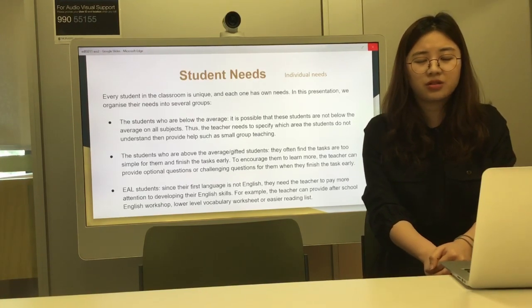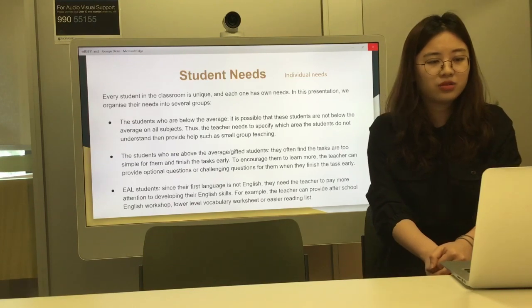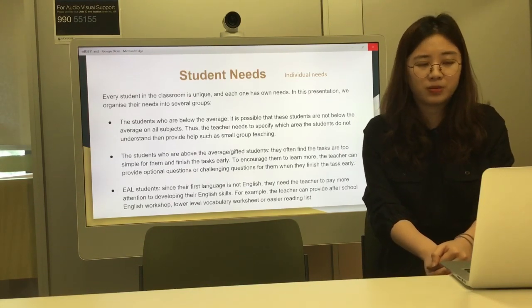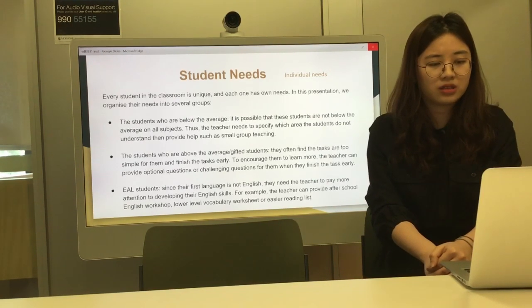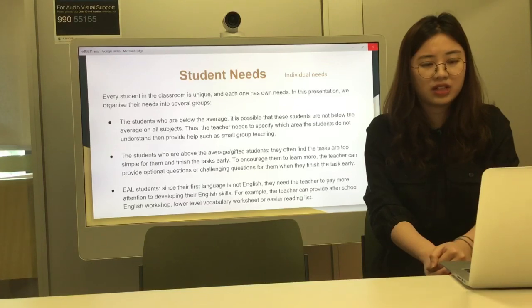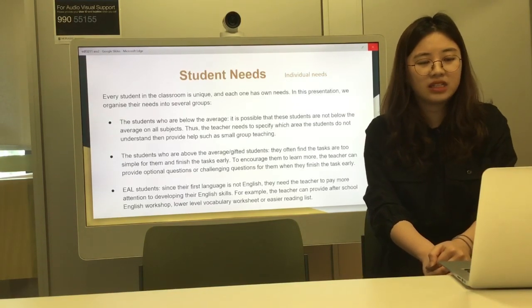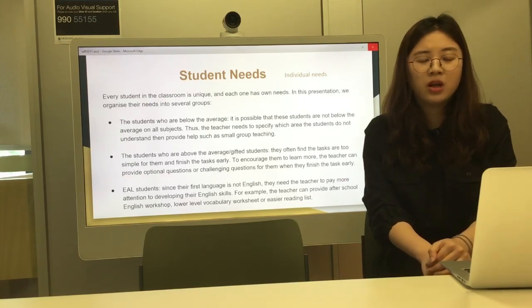Thus, the teacher needs to specify which area the students do not understand, then provide help such as small group teaching. For the students who are above average or gifted, they often find the tasks too easy and finish early. To encourage them to learn more, the teacher can provide additional or challenging questions when they finish the task early.